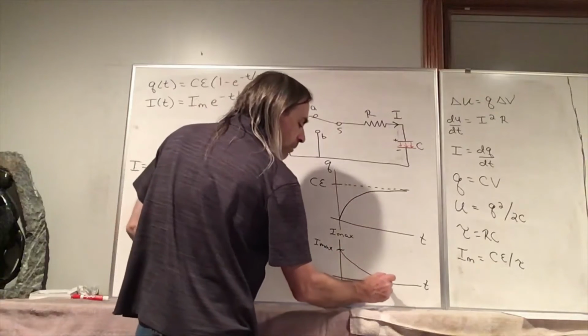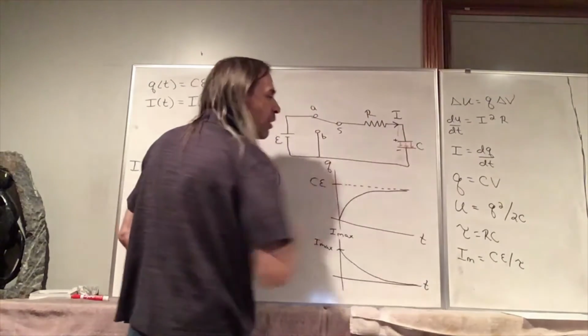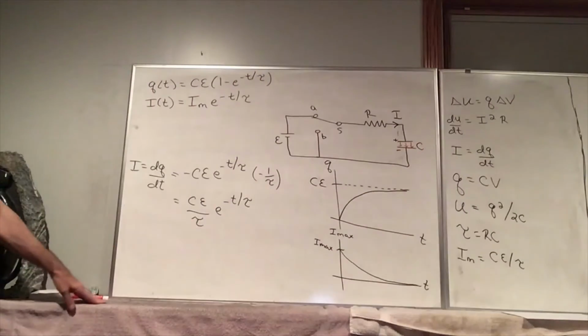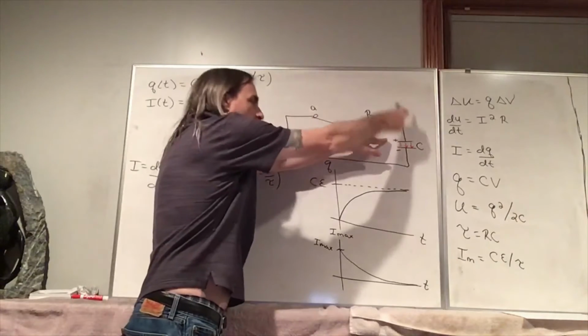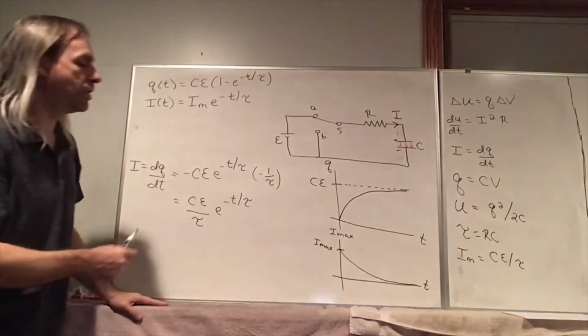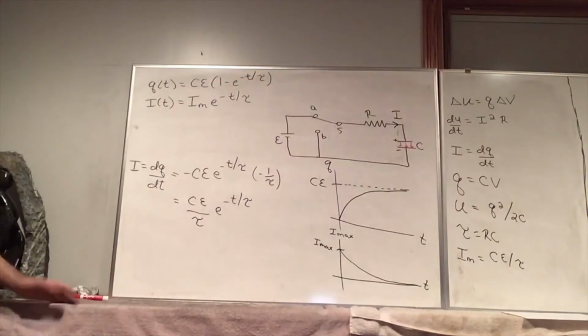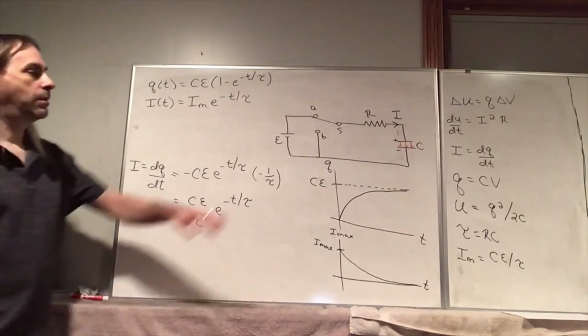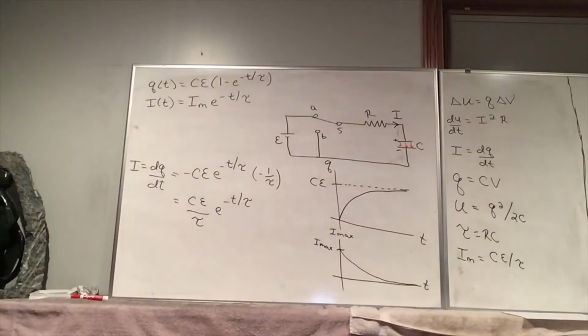And again, that's what we talked about earlier. This current is delivering charge to the capacitor. And once you build up charge on this plate, it becomes harder and harder to put more charge. So the current should decrease until the capacitor approaches the EMF of the battery, and the current shuts down.